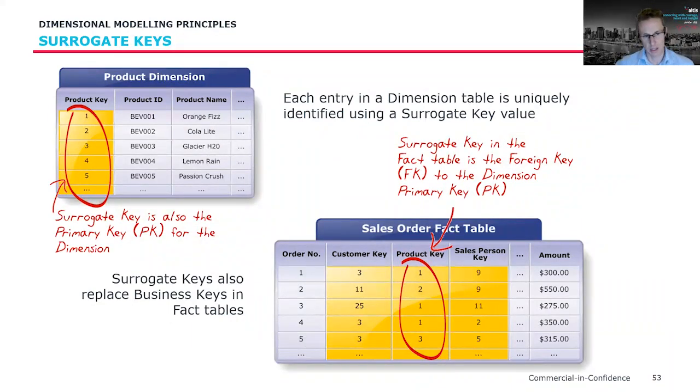So our surrogate key also becomes our primary key on a dimension, and in doing so, it then becomes the foreign key in our fact table when we have our relationship between our fact table linking back to our dimension. So our product key here in the fact table is the foreign key, back to its surrogate key equivalent in the product dimension.